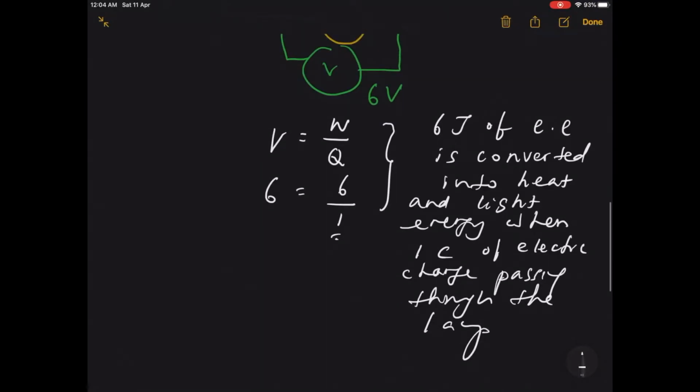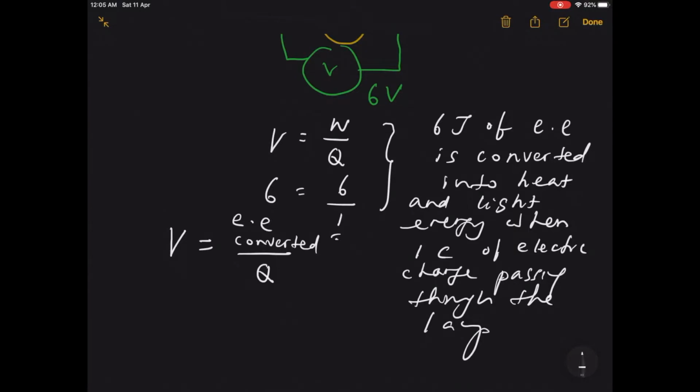So you can see that in the definition they use the words work done just to simplify this whole long sentence. See that? So you can actually define potential difference as, if you don't like the word work done, then you can always say it's the electrical energy converted.